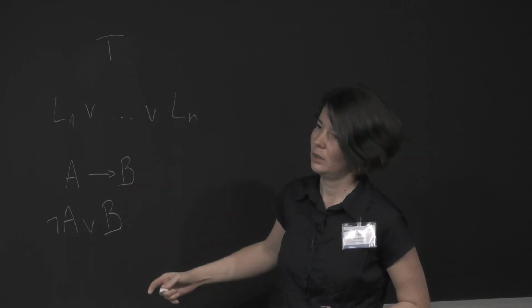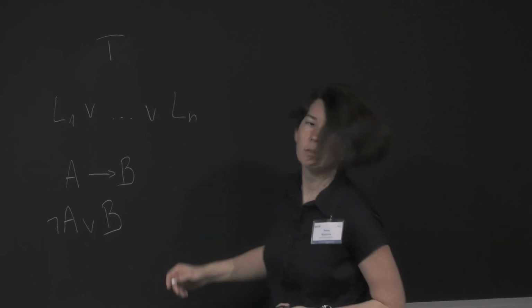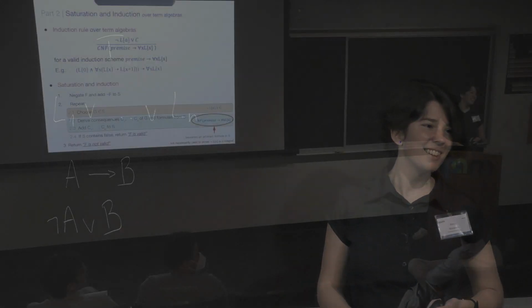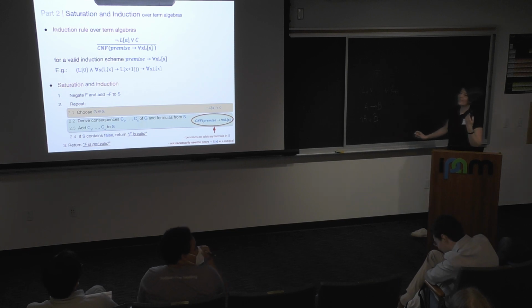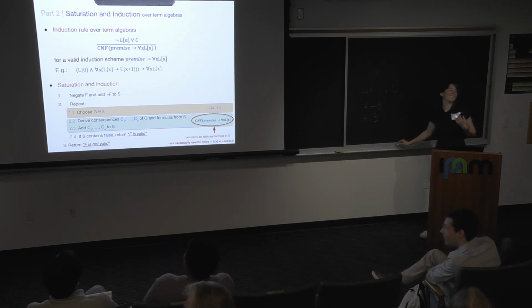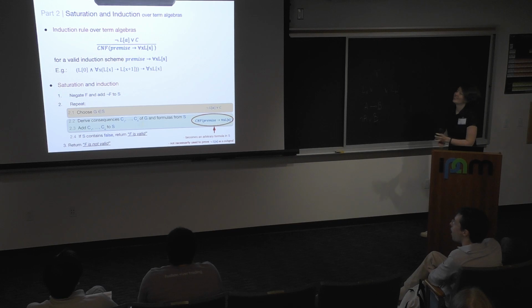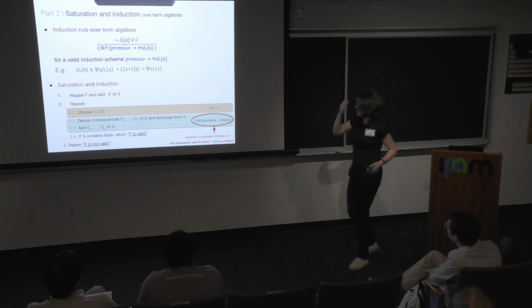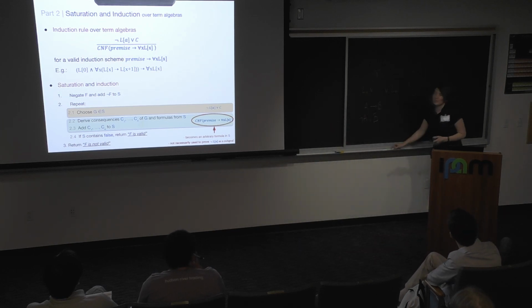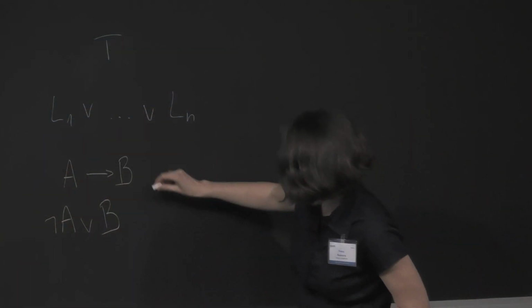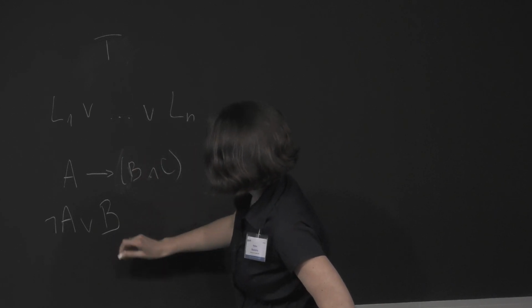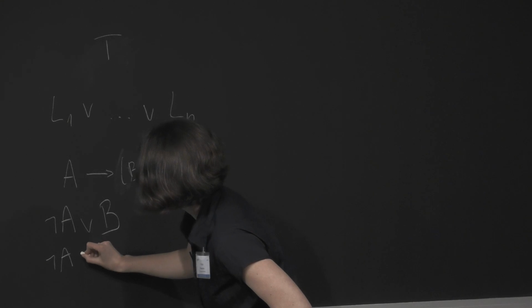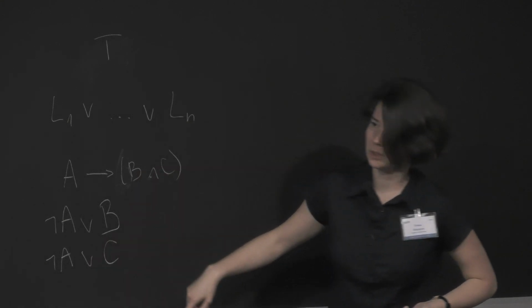So converting this to this. Also very important, we might end up with a set of clauses. So for example, if we had something like B and C here, then we would convert it into these two clauses.